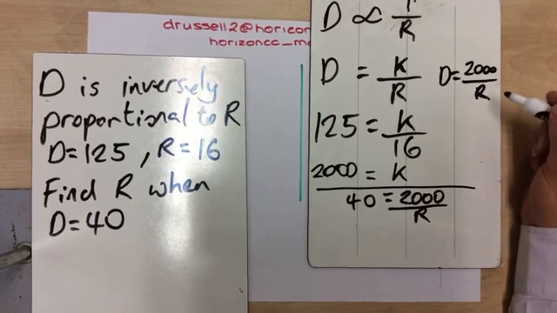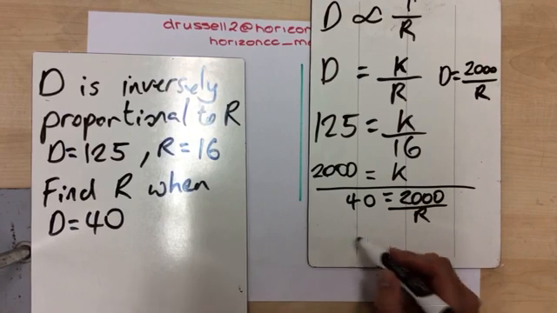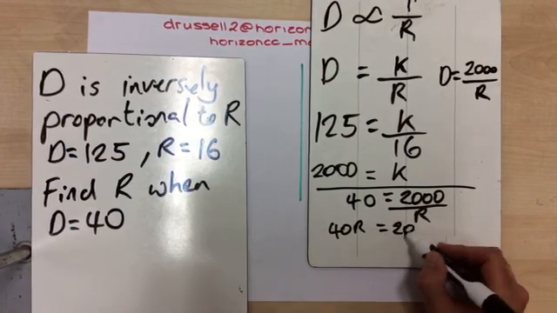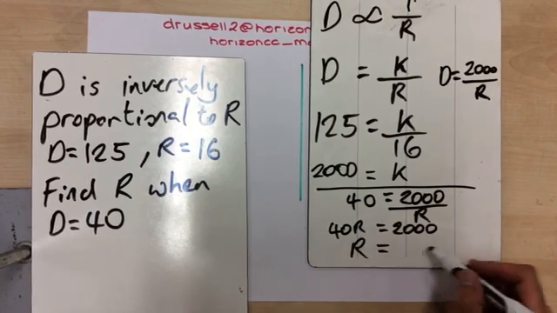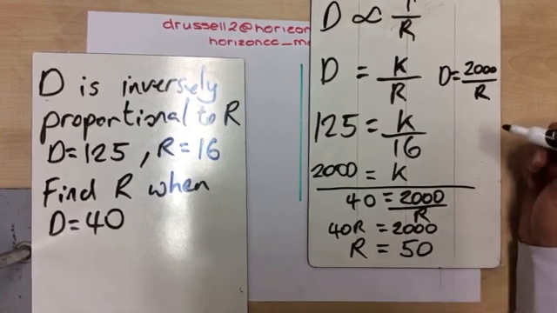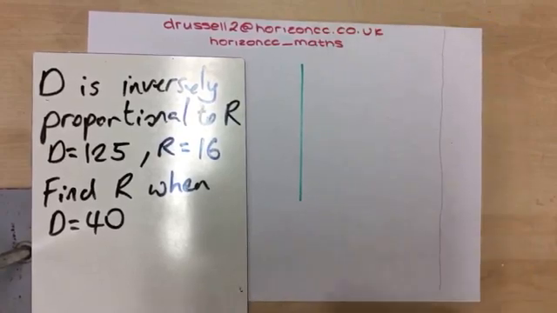Multiply both sides by R and divide both sides by 40. So we're going to get 40R equals 2,000. Divide both sides by 40. We get R equals 50. Okay, and we've finished that inverse question. Thank you.